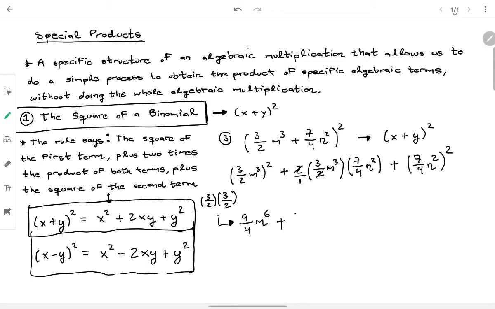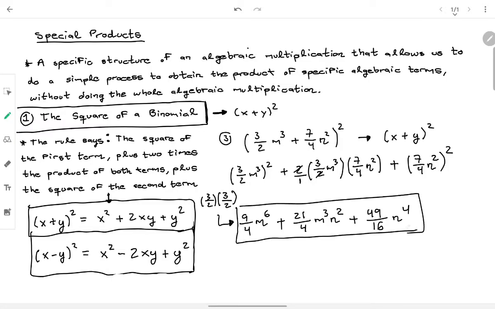It will be plus 21 over 4 m cubed n squared plus, and then it's going to be the numerator squared. 7 squared is 49, 4 squared is 16, and it's going to be 2 times 2 is 4, and this is going to be our final answer, 9 quarters of m to the 6 plus 21 quarters of m cubed n squared plus 49 over 16 n to the fourth.